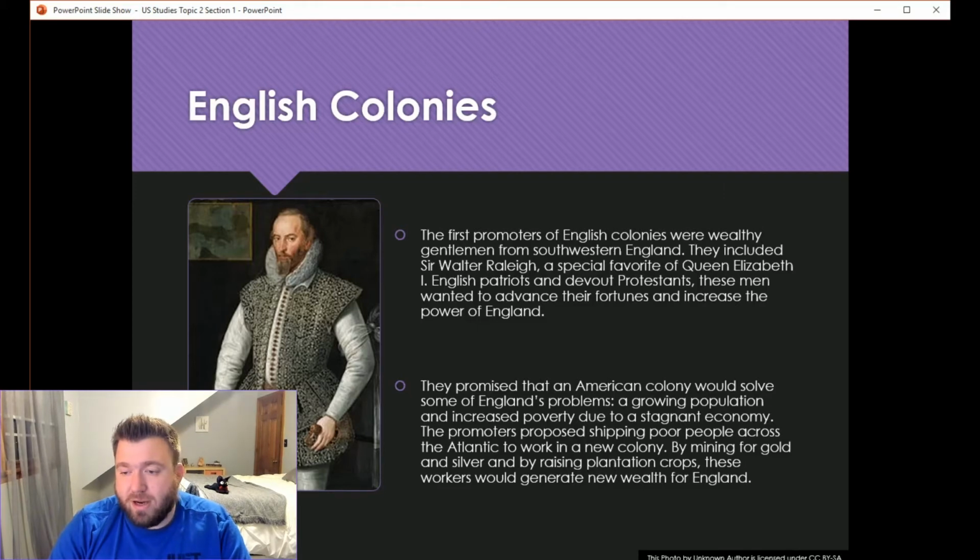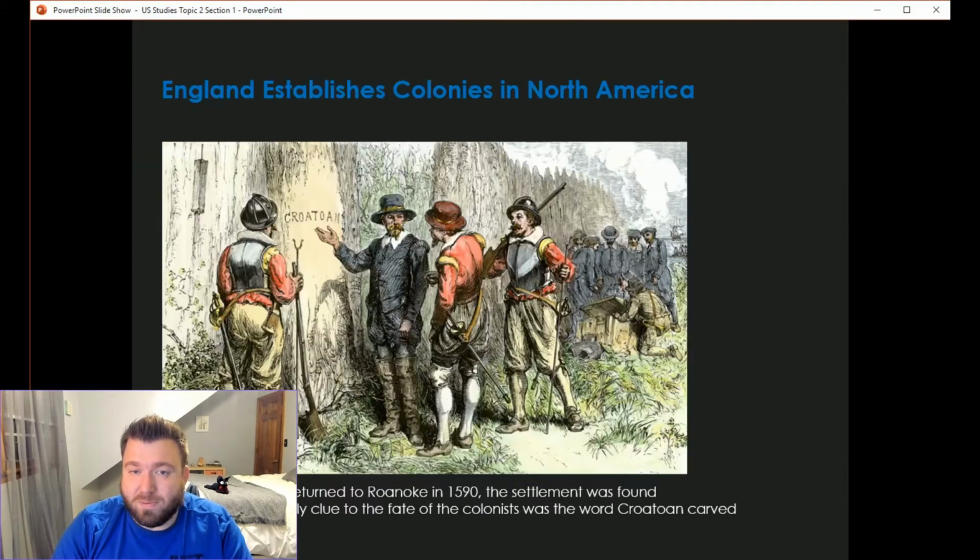So while it's kind of a cruel thing to think about, one of their solutions was, let's just take all these poor people and ship them across the ocean and have them work on a colony. It sounds pretty cruel, pretty crass, but it is the solution that they end up going for.